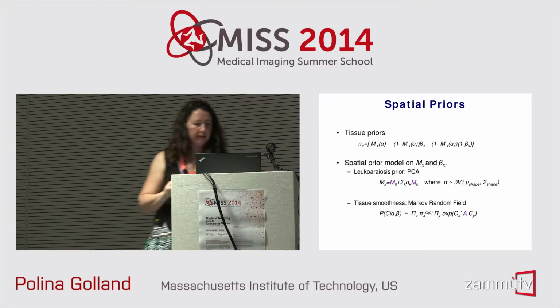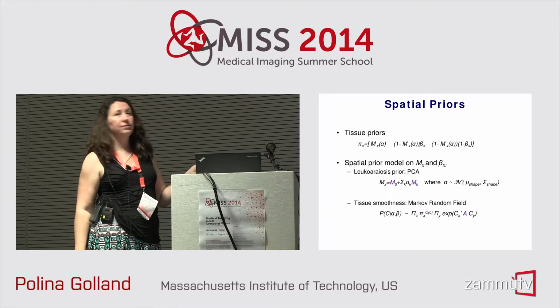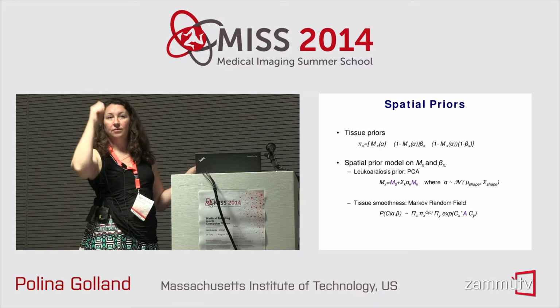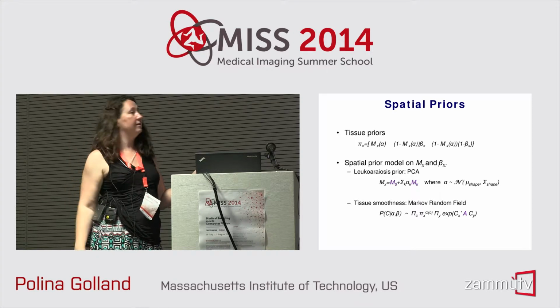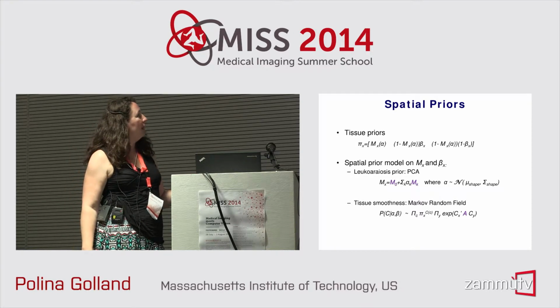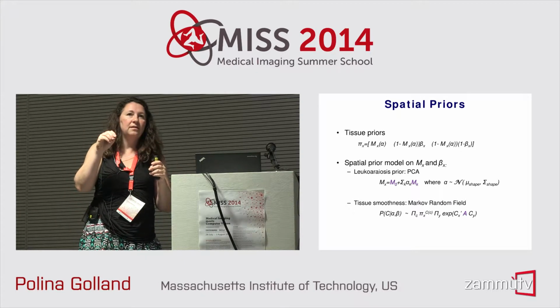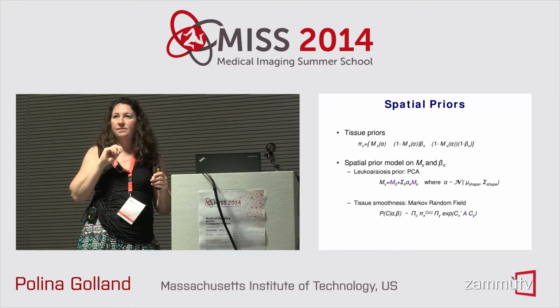Formally, I'm going to define a vector that is a prior on being leukoaraiosis, stroke, or healthy tissue. The way it works is, I have an image, m_x, that tells me in every pixel the probability of that pixel being leukoaraiosis.